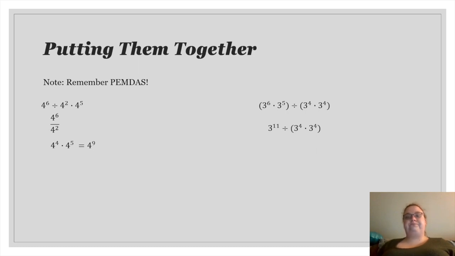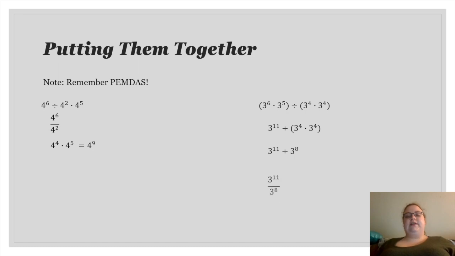So now we can work with that parenthesis set on the right, our 3 to the 4th times 3 to the 4th. We have our common base of 3, and we can take our exponents, in this case both of them are 4, and add them together, leaving us with 3 to the 11th divided by 3 to the 8th.